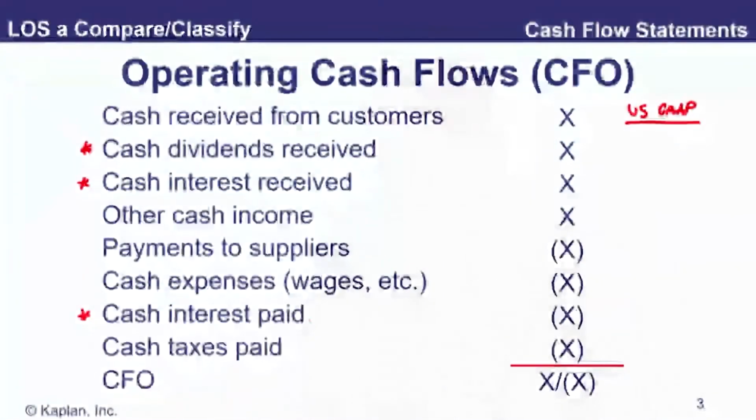Now, this is a bit strange, therefore, because we've got interest paid going through CFO, but we've got dividends paid going through CFF. And of course, both of them are payments to the providers of finance. Okay, whether we're paying debt, whether we're paying equity, it just seems a little odd that the payments to the debt holders, the interest element, goes through CFO, but the payments to the equity holders, the dividend element, goes through CFF. So watch out for that peculiarity under US GAAP.